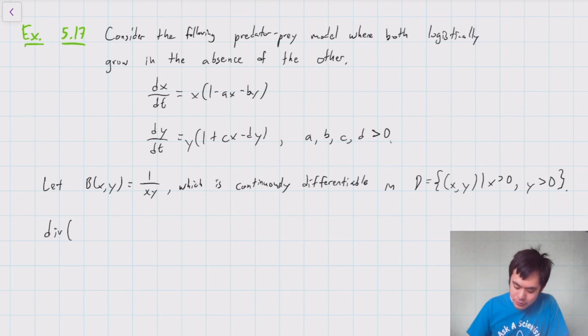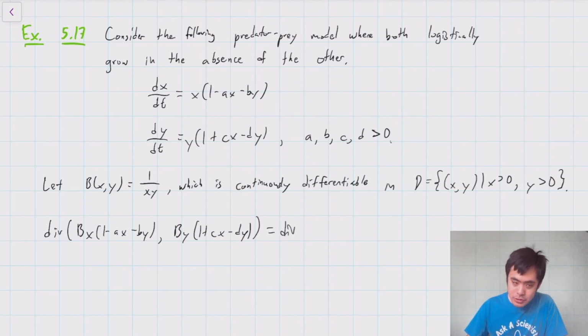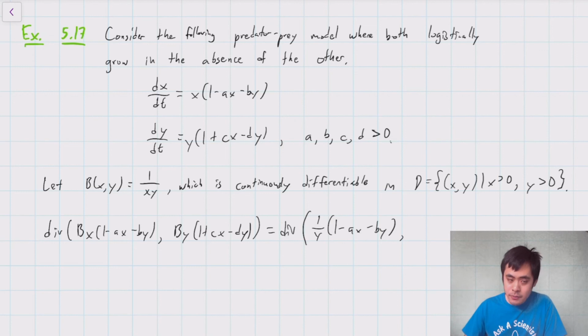Okay, so now we need to compute the divergence of B f. Well, I guess we don't have f defined here, but it's B times x times (1 minus ax minus by), and y times (1 plus cx minus dy). Once we expand out all the variables, the divergence is of 1 over y times (1 minus ax minus by), and 1 over x times (1 plus cx minus dy).